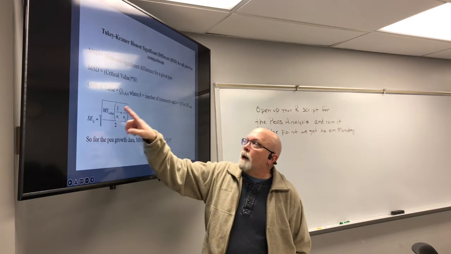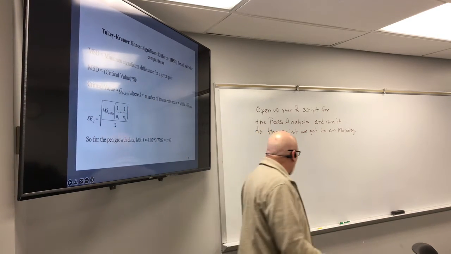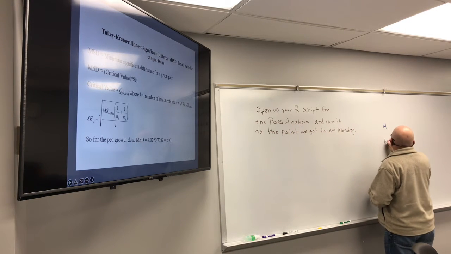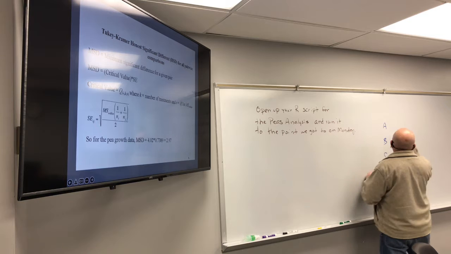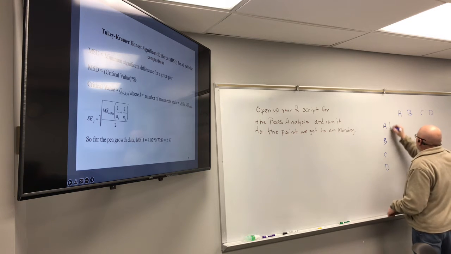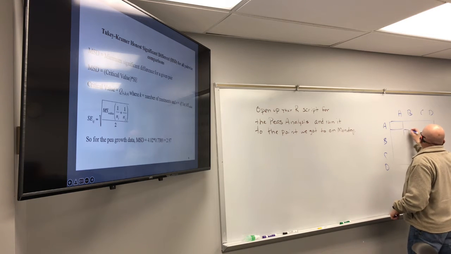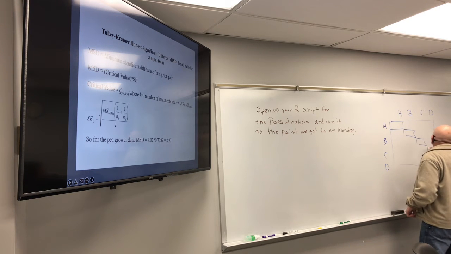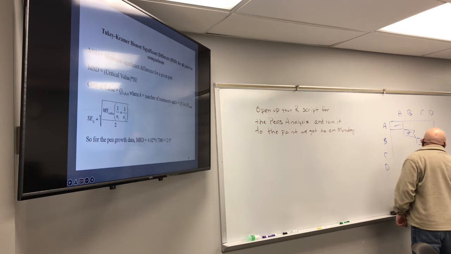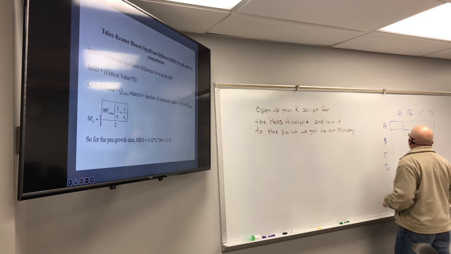Then you create a table of treatments A, B, C, and D versus A, B, C, and D. Clearly, the diagonal is blank because you can't compare A to A, B to B, and so on.